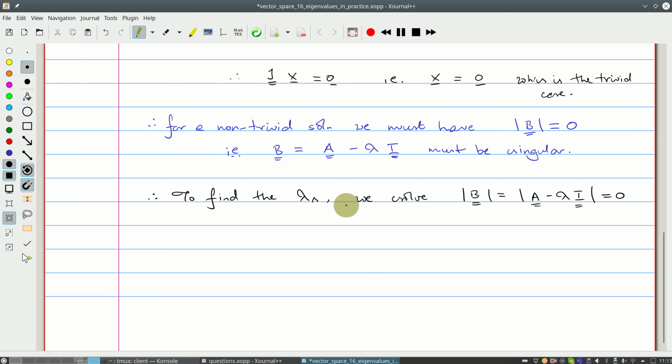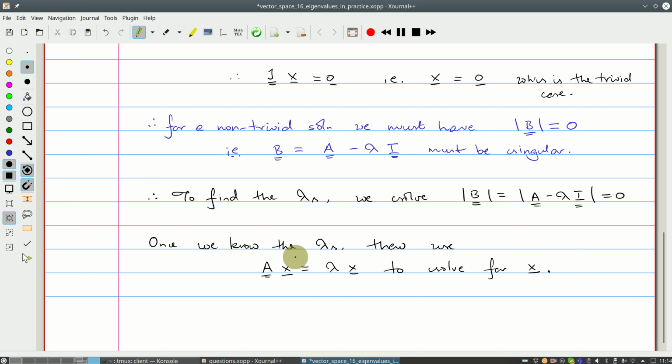And once we know the lambdas, then use A x is equal to lambda x to solve for x. And this, as we will see, needs to be done for each of the lambdas in turn.